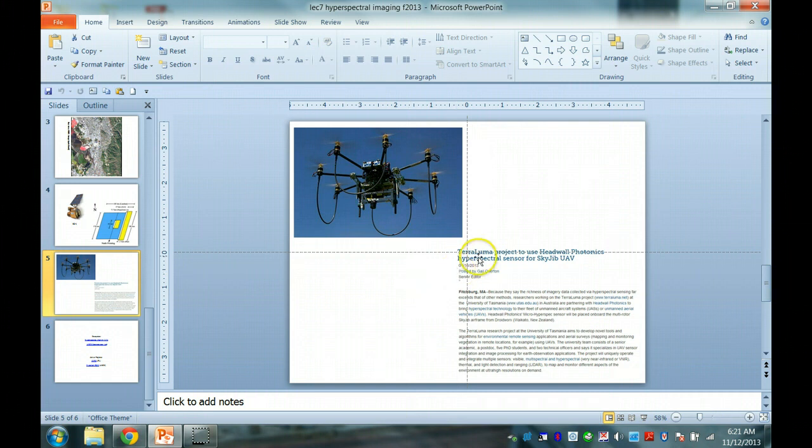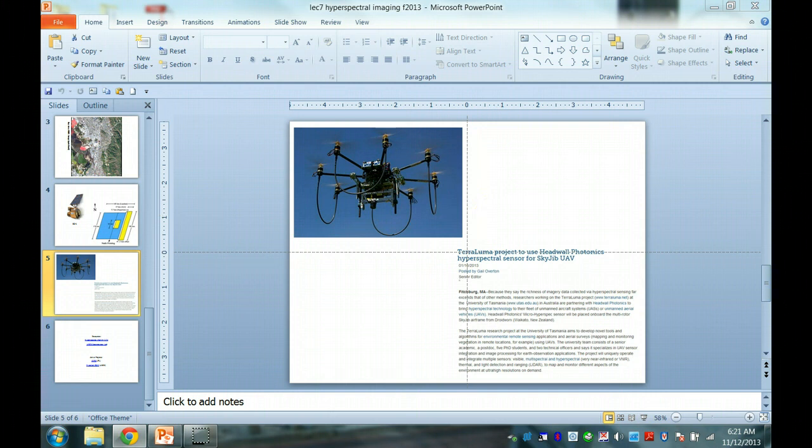The most important thing here is the company that builds the sensor, Headwall Photonics, and they actually build a sensor called, I think, the Headwall Recon. It's a handheld sensor, and they build a number of different hyperspectral sensors.